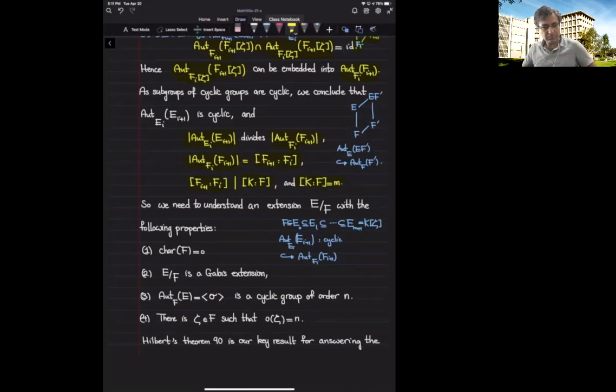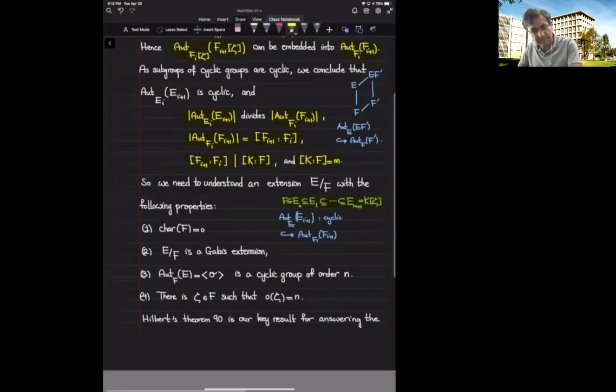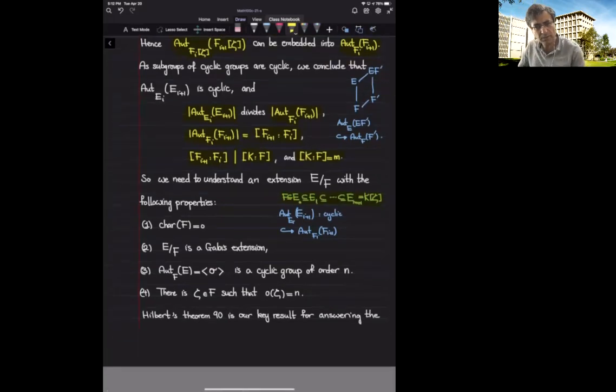So altogether, we are getting this tower. F is contained inside E sub 0, E sub 0 contained inside E sub 1, and so on until we get K joined with zeta.